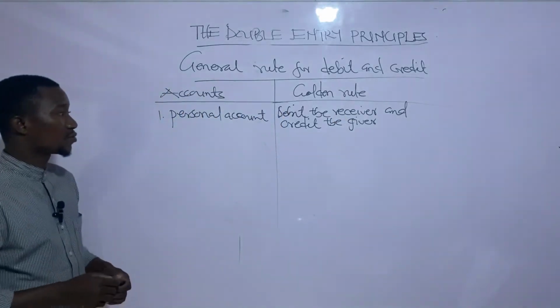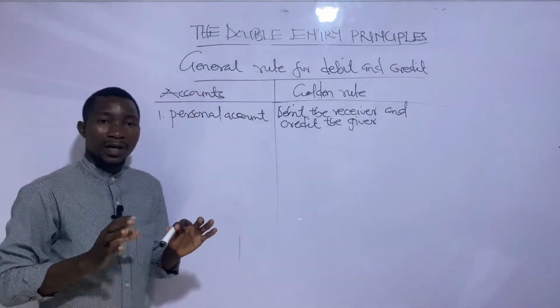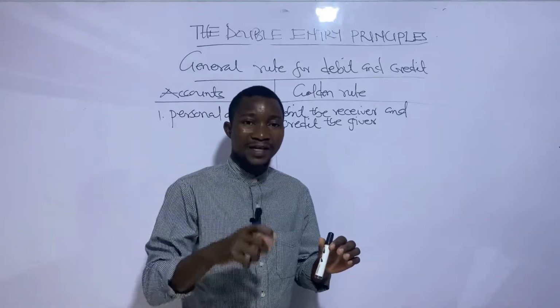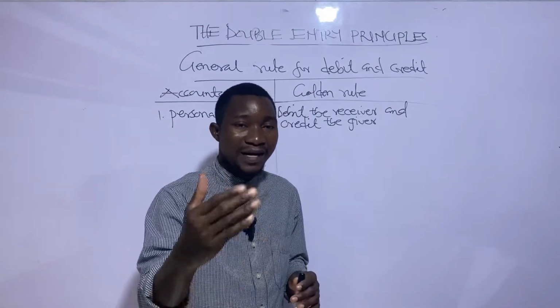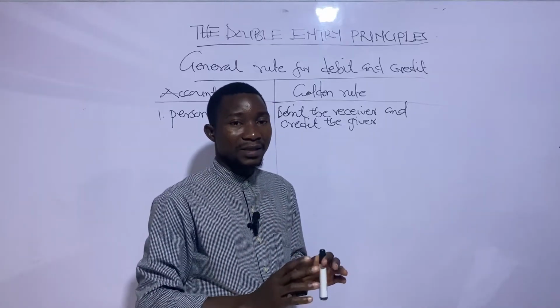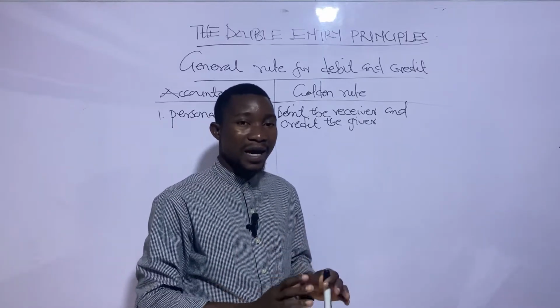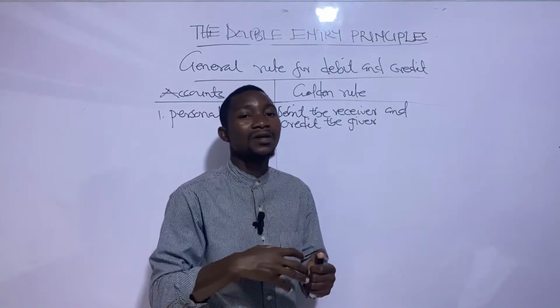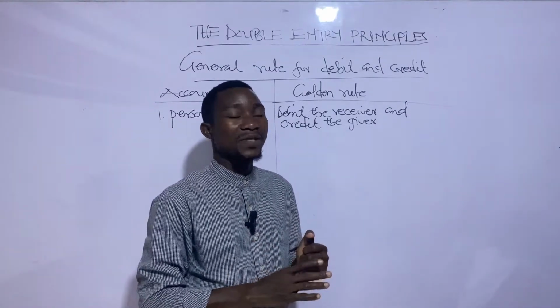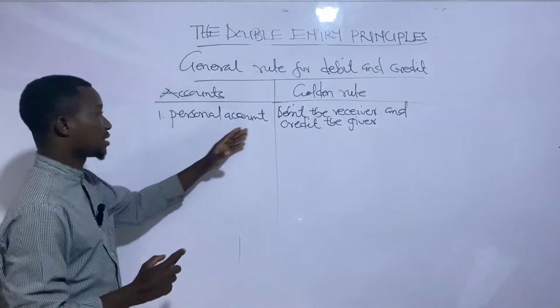Is that okay? So if two persons are in the same transaction, the person giving out an item will be credited. His account or her account will be credited. The individual person who received the item, his or her account will be debited. So that is the general rule for personal accounts.